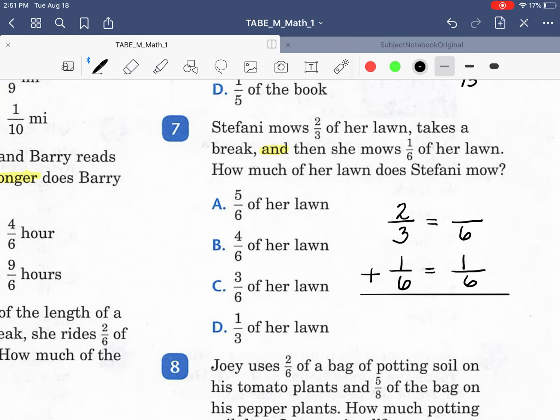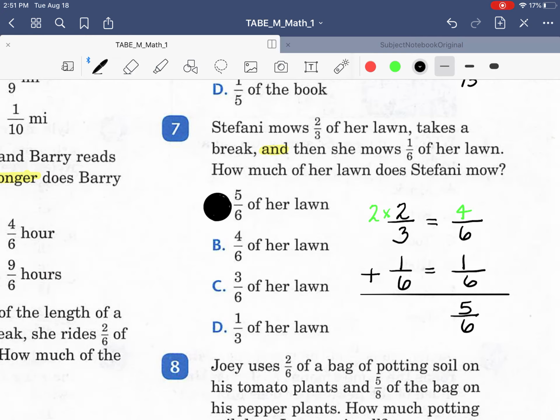So let's put that down. This one's already done. It's already a 6th. So 3 into 6 is 2, and 2 2s are 4. And you need to add those to get 5 over 6. That would not simplify, so A would be the answer here.